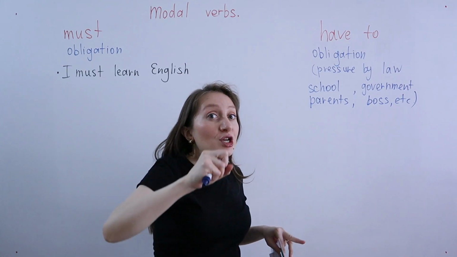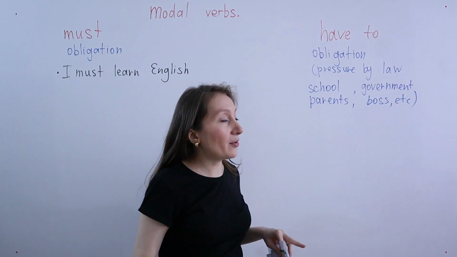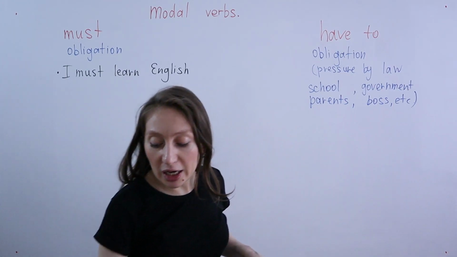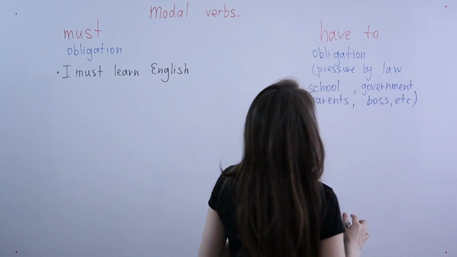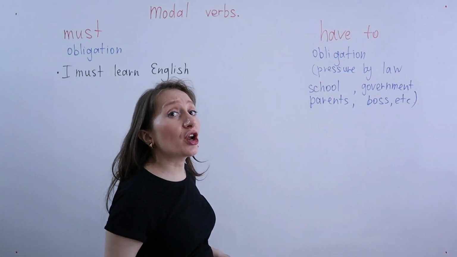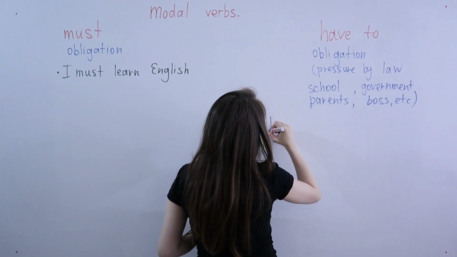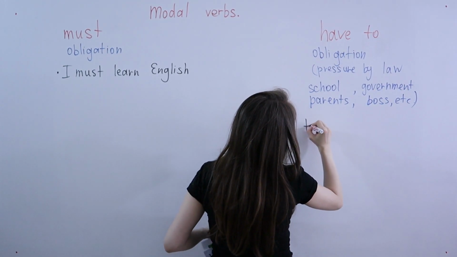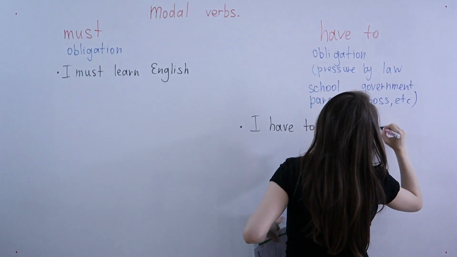Obligation by pressure by law, government, school, parents, boss, etc. I will write the example and then explain it to you. For example, I have to wear a uniform. Let me write it for you. I have to wear a uniform.